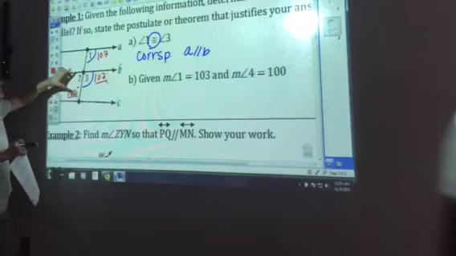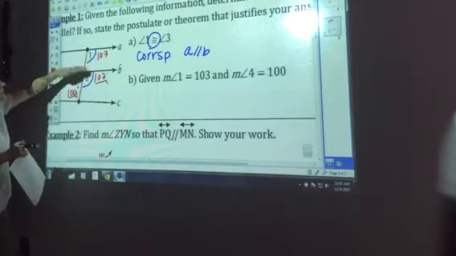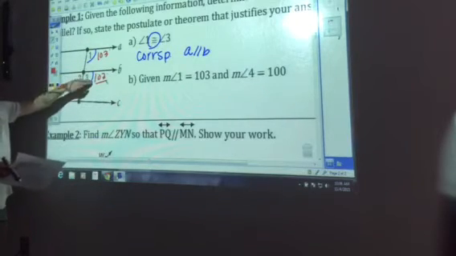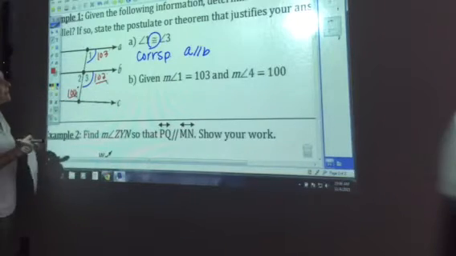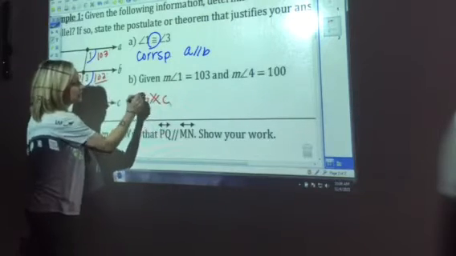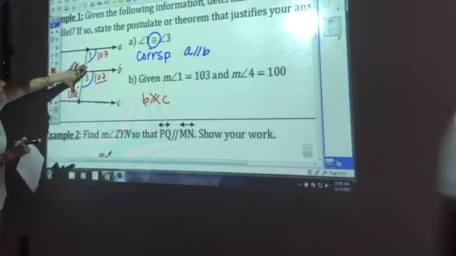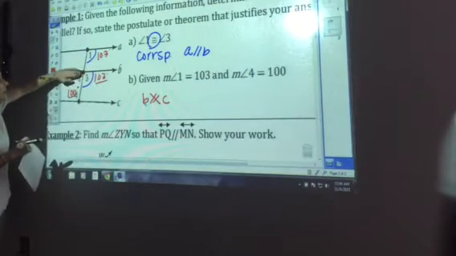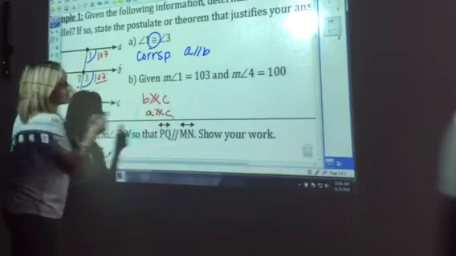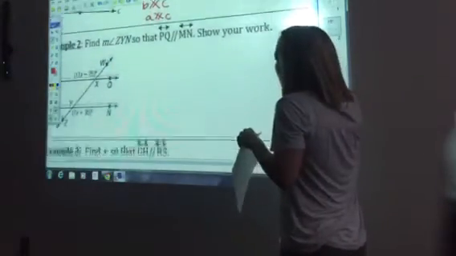So actually, you could consider these as no relationship, but if you use the relationship that you already know, these two would have to be alternate interior, and if they are alternate interior, then B and C are not going to be parallel, okay? So B and C are not parallel. A and C, these would actually be alternate interior as well if we didn't look at line B. And again, they are not congruent, so we know that A is not going to be parallel to C as well.